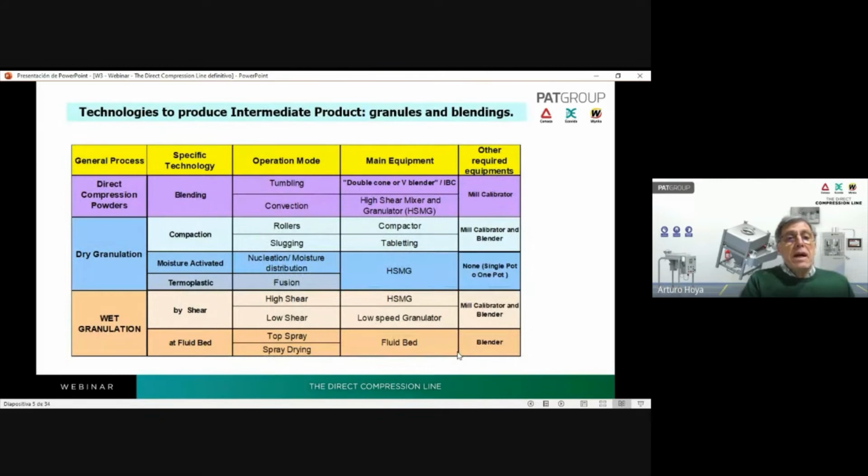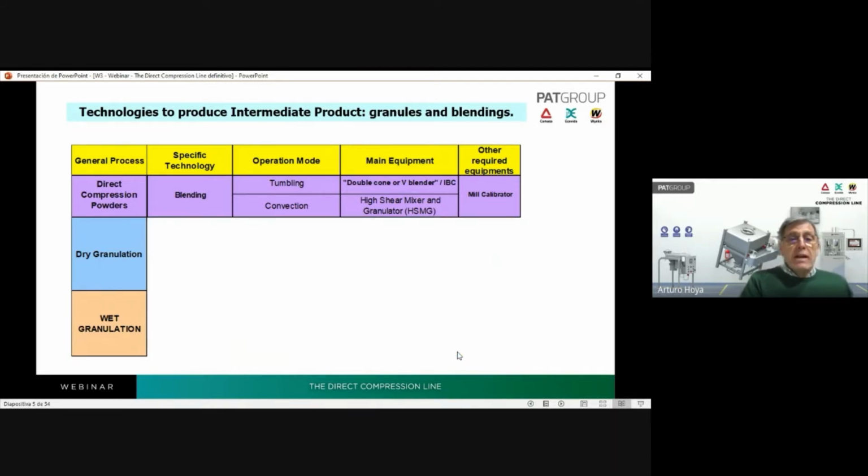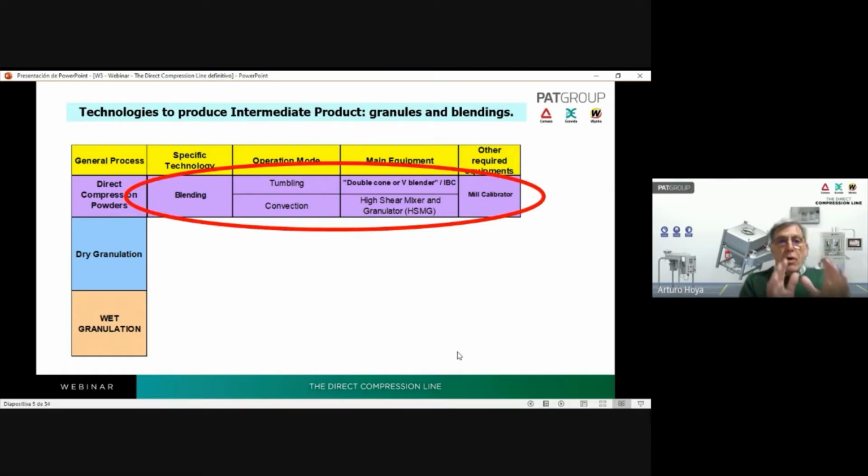This table shows the general process: direct compression powder, dry granulation, wet granulation. Wet granulation was presented in the previous webinar, and dry granulation will be in the next webinar, the fourth webinar. Today, we will focus on direct compression powder. The most important operation here is the blending.